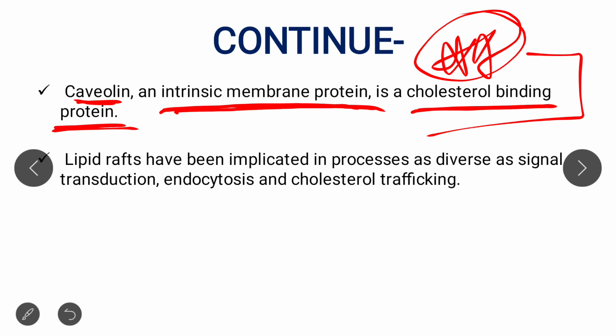For today, just remember that caveolin is an intrinsic membrane protein and a cholesterol binding protein as well.